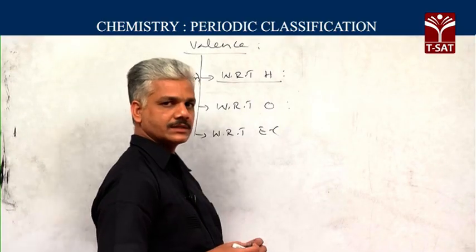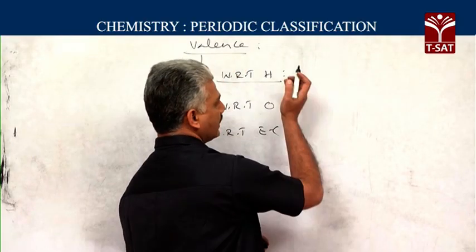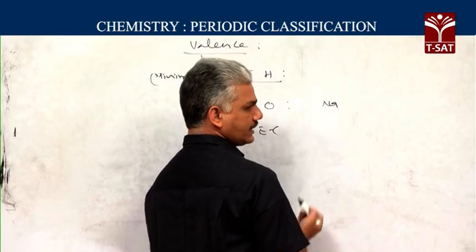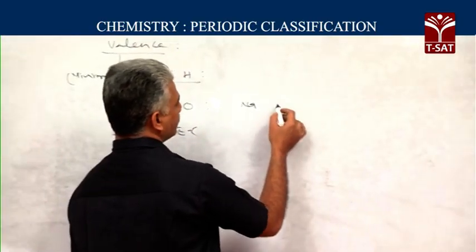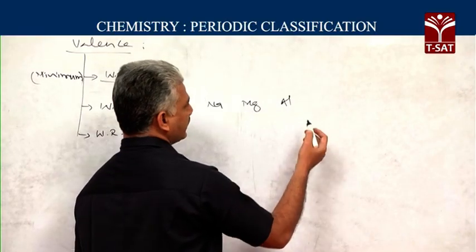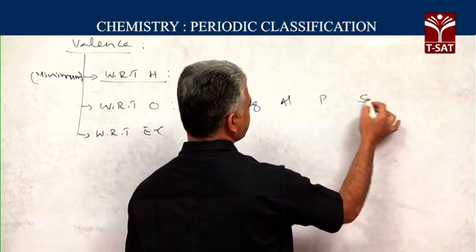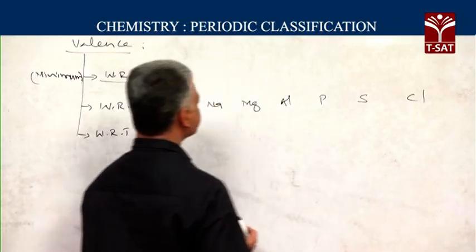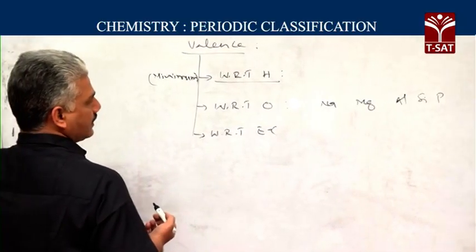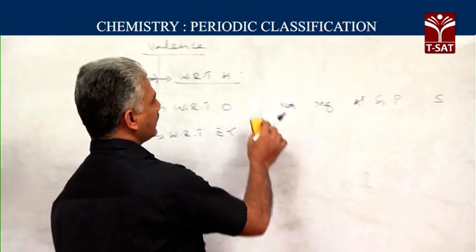Say, to understand this concept, let us consider elements of third period. The elements present in third period are sodium, magnesium, aluminum, silicon, phosphorus, sulfur and chlorine.